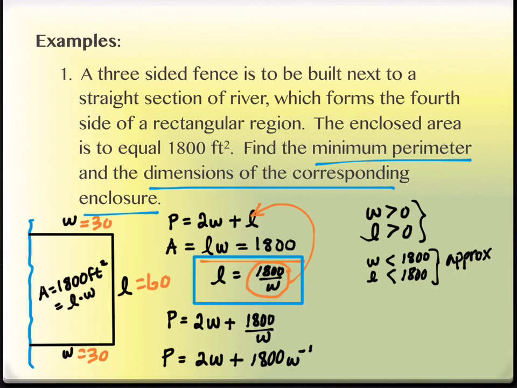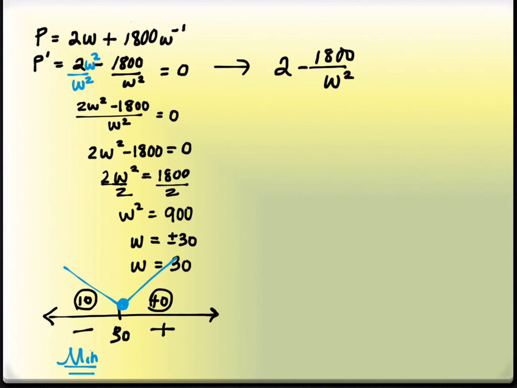So what is the minimum perimeter, or another way of asking it is, how much fence do I need? Remember, it's the perimeter of the object we're working with, not the whole rectangle. What's the perimeter? Yeah, it's 120. What are my units on that? Feet. It's a linear measurement. And then I want the dimensions.